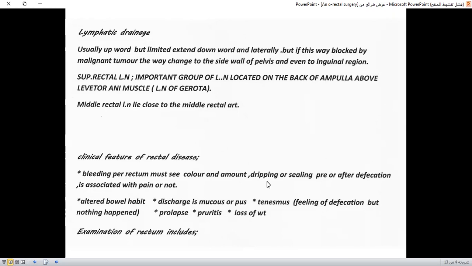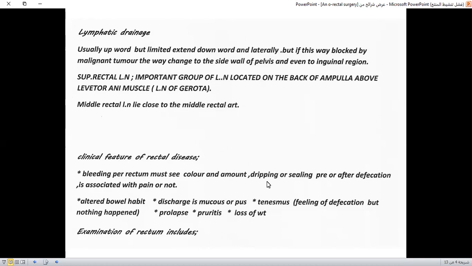And the clinical features of rectal disease: bleeding per rectum must see color and amount, dripping or soiling, pre or after defecation, is associated with pain or not. Yani, bleeding is cardinal symptom of rectal disease, sometimes painless and sometimes with pain.